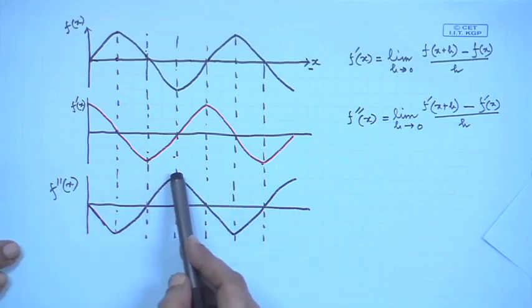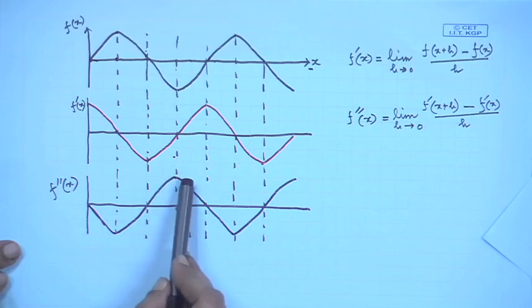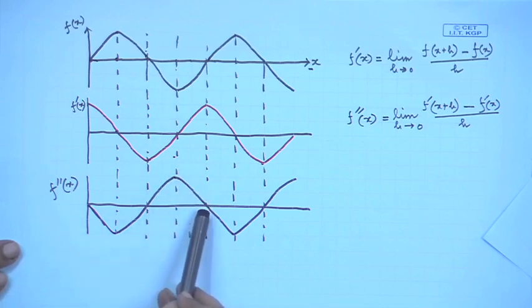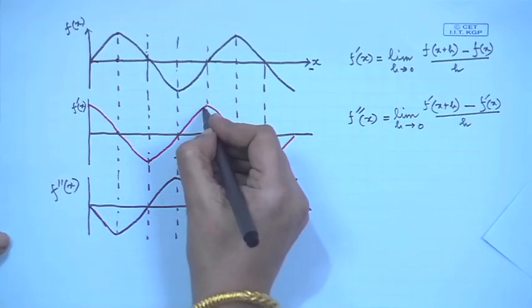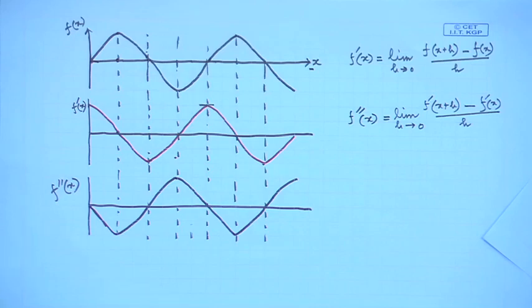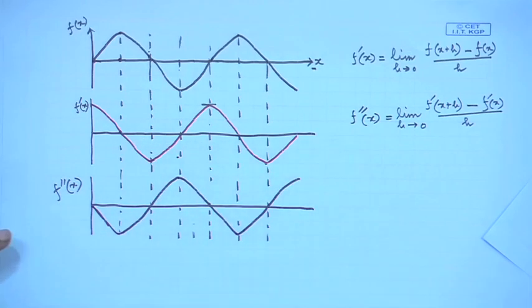That is why this function becomes positive, again coming down. Here it is 0 because the tangent at that point would be parallel to the x axis, and here it is 0, again decreasing, negative. That way it will move.